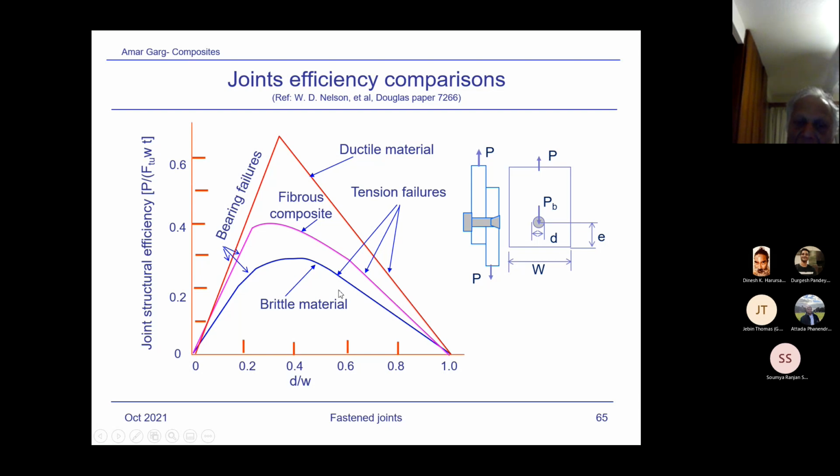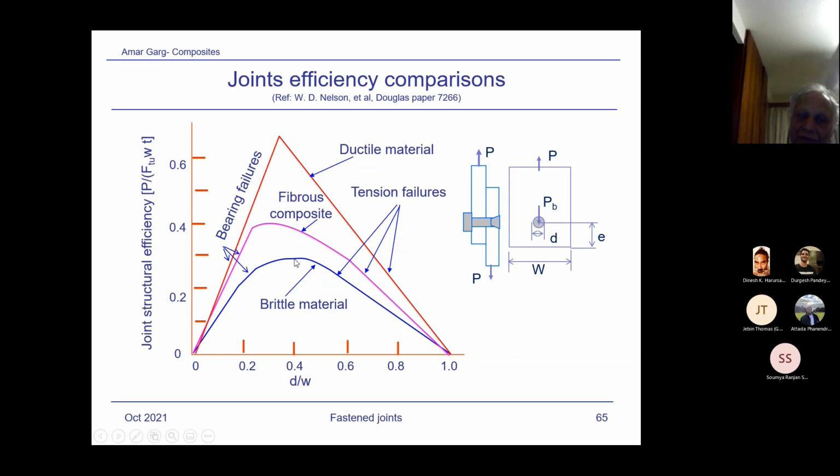So what you see here is a transition with the width of the specimen compared to the fastener. As yesterday I showed in the chart, as you increase W by D, the net tension failure changes to the bearing failure. Or the reverse: when D by W increases, it is the tension failure, and at lower values it is a bearing failure.